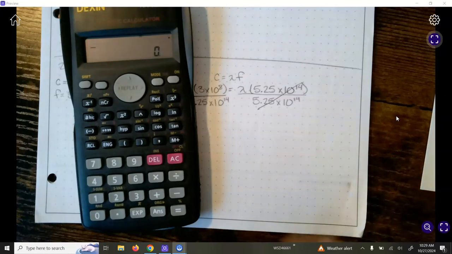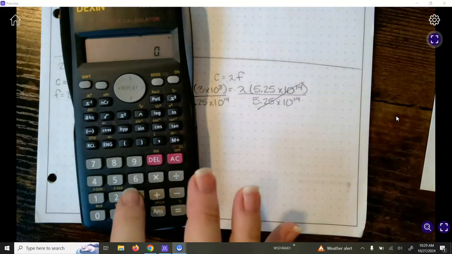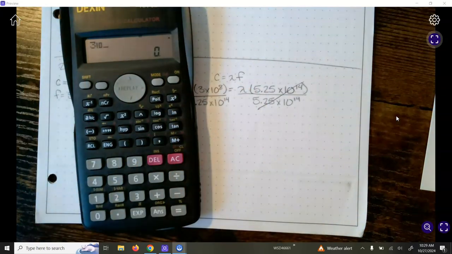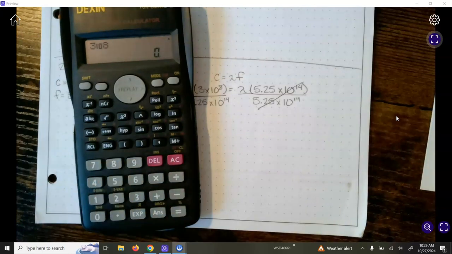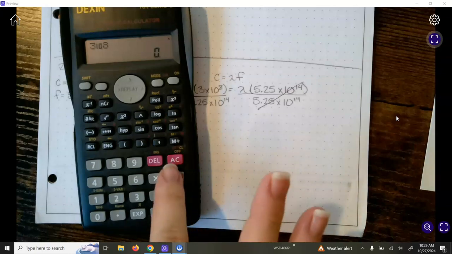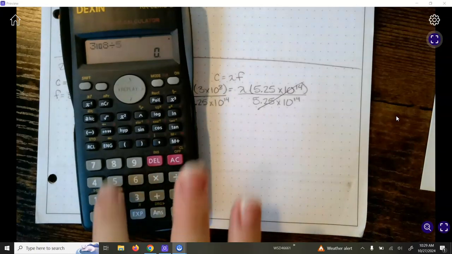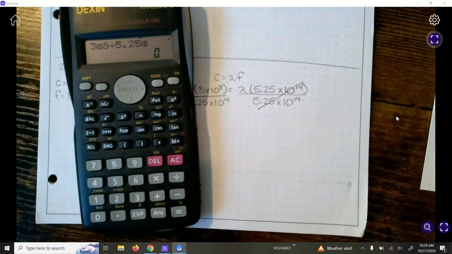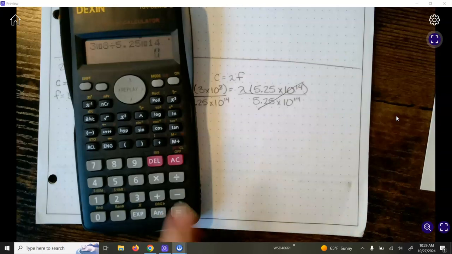I'm going to put this over here so you can see me typing it in. 3 shift log, and remember, these are my calculators. You may have your own calculator that is a little bit different, okay? Times 10 to the 8th, right? Divide 5.25 shift log 14. This should give us the answer.